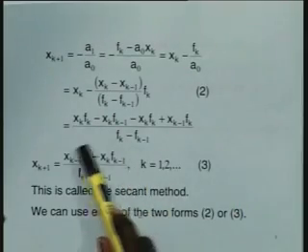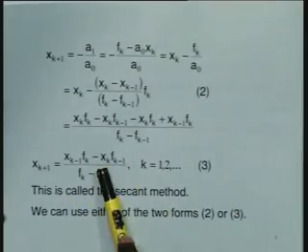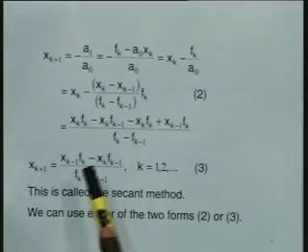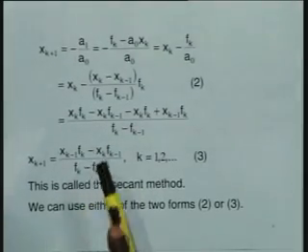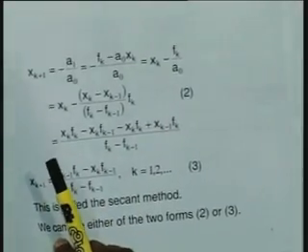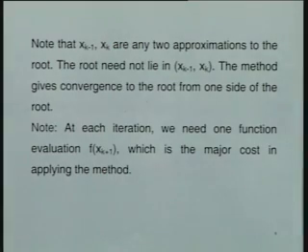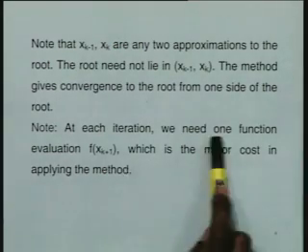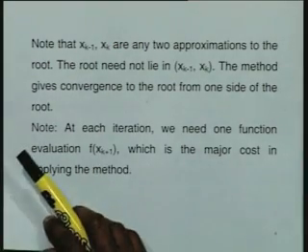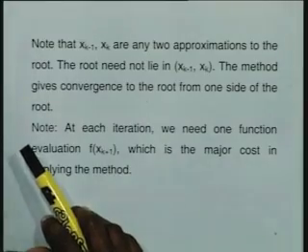The only expensive cost is the evaluation of f(x), which we expect to be a very complicated function. Therefore we shall say that the cost of this method is evaluating one function, that is f of xk plus 1, at each iteration.